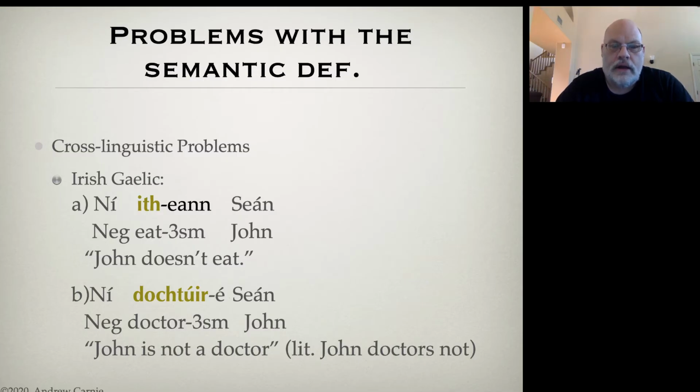So we're finding the word doctor between ni and the agreement marker. It's a different third singular agreement marker, but it is in fact a third singular agreement marker. That doctor is appearing before the agreement and the subject, just where verbs do, and it appears after negation, just where verbs do. So doctor here seems to be functioning like a verb, even though its semantics tell us it's a noun.